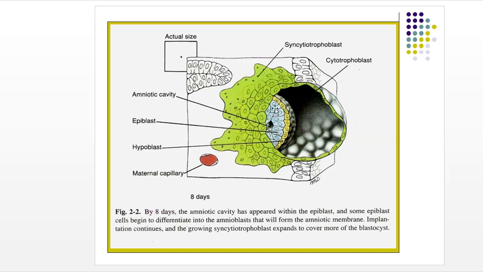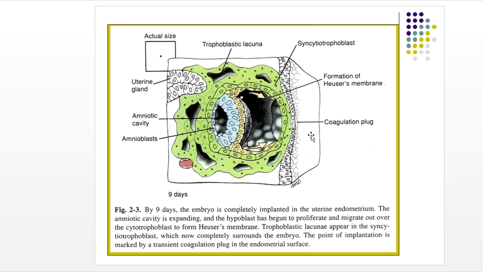In this cavity, the floor is made by epiblast cells and the roof is made by amnioblast cells, and the first cavity that is formed is named amnion cavity.